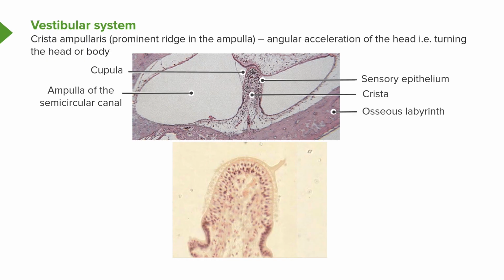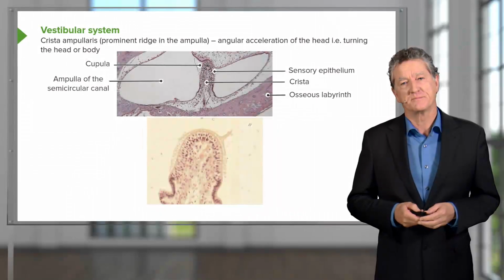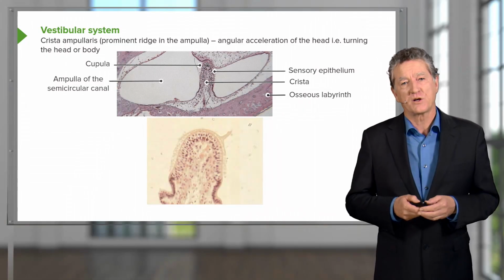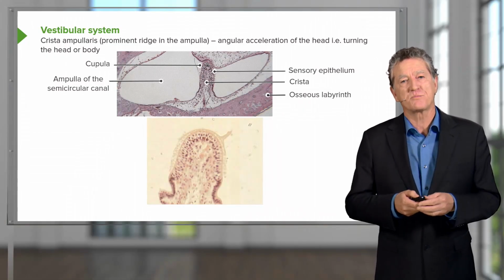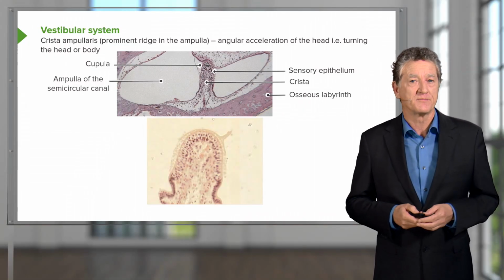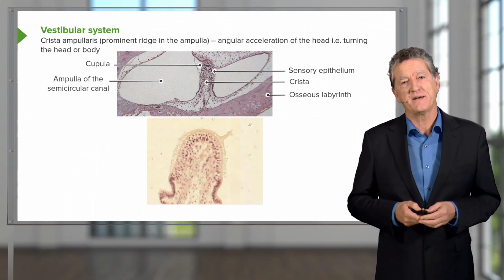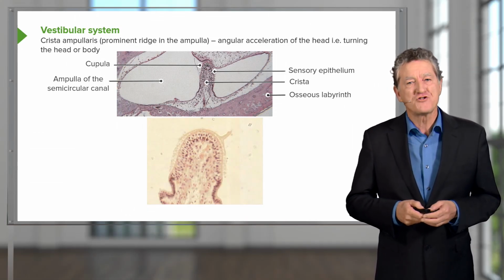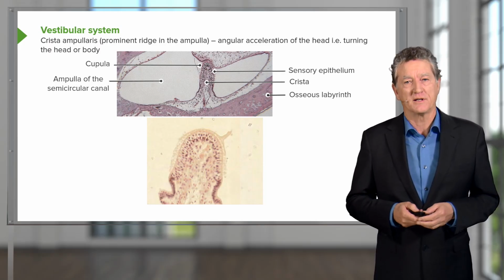And those projections have hair cells on them, the sensory epithelium. They're called the cristae. The cristae are these projections into the endolymph. And these hair cells have on them a gel-like structure called the cupula.